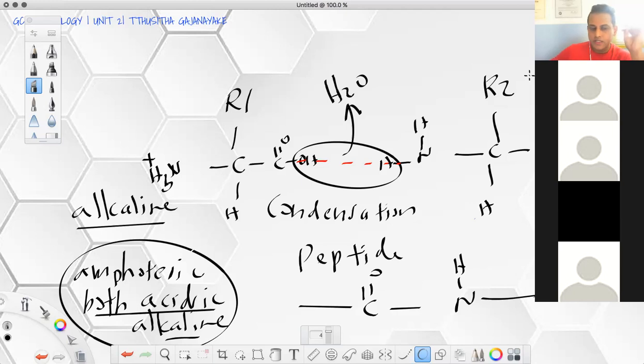The first level is called primary, the second is secondary, the third is tertiary, and the fourth is quaternary. Then we have four different levels of proteins. So let's see what the four different levels are and why they are important.